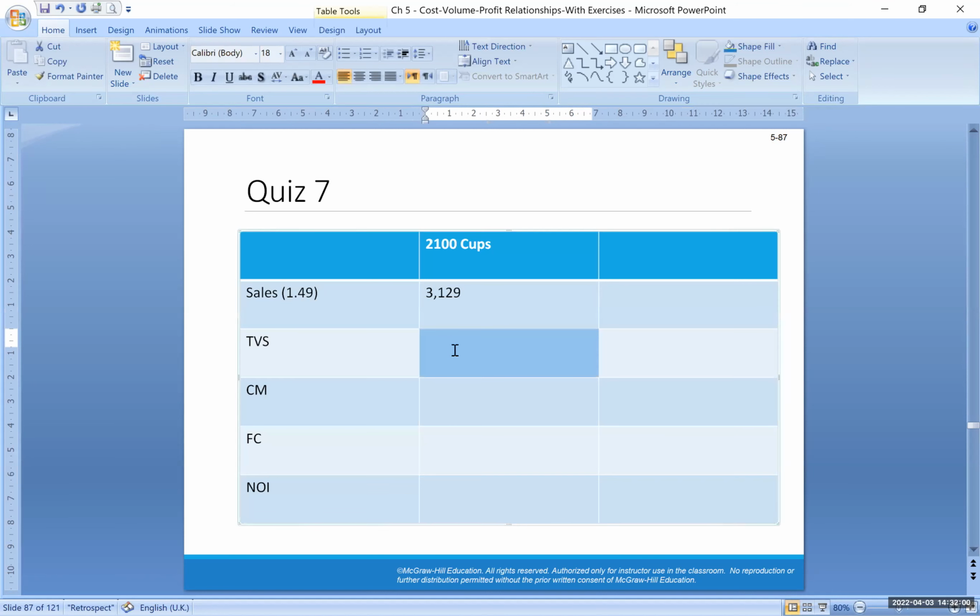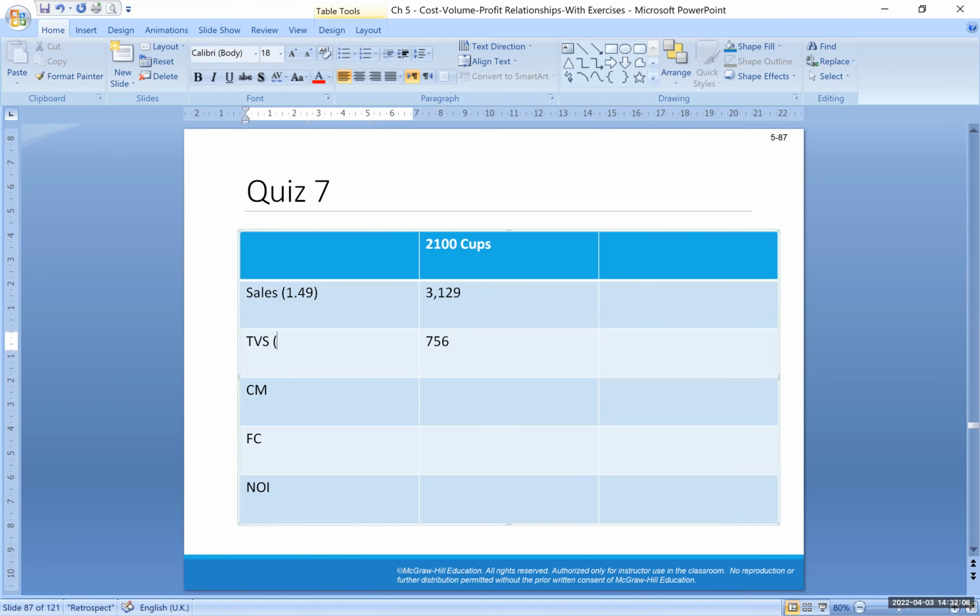Minus the total variable cost, which is 0.36 times 2,100. This equals 756.